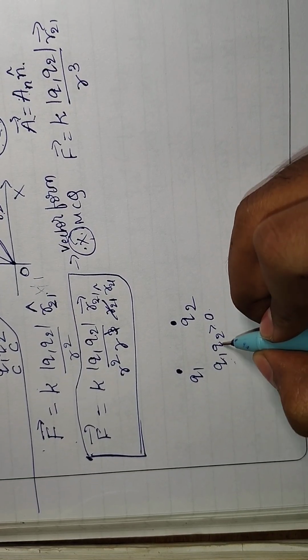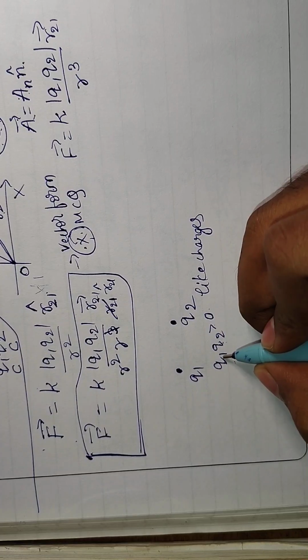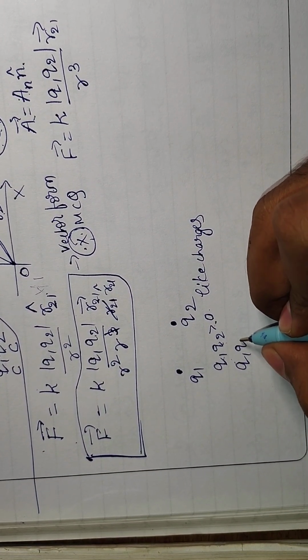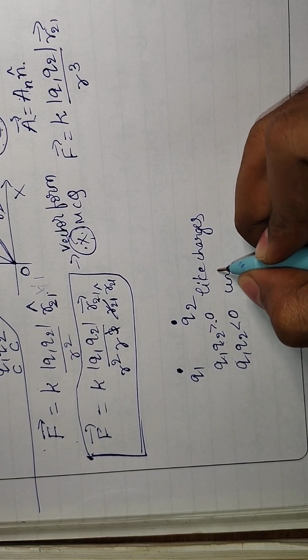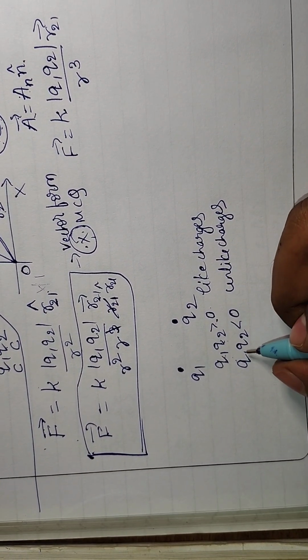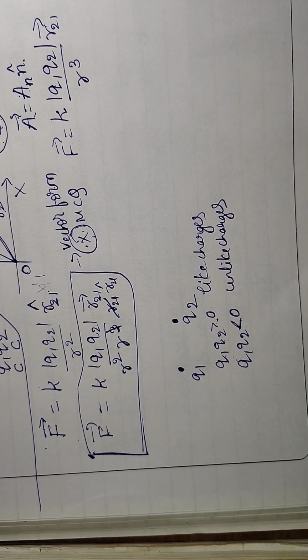That is, when Q1 and Q2 are like charges, then Q1 into Q2 will be greater than 0. When Q1 and Q2 are unlike charges, that is, one of them is positive and another one is negative, then their product will be less than 0.